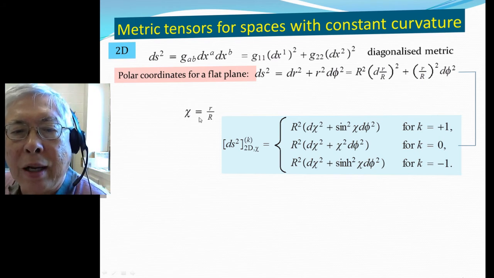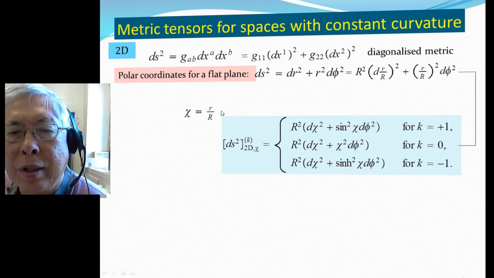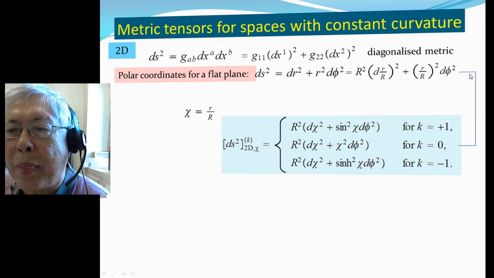Now, if we write small r over big R as chi, this can be written as this one here.